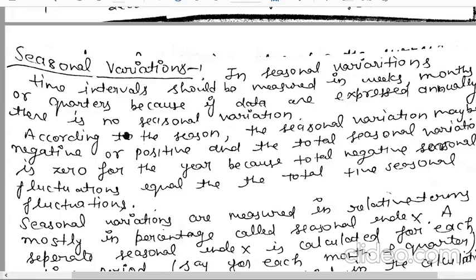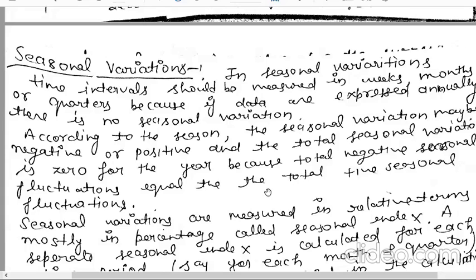Now, according to the season, the seasonal variation may be negative or positive, right? The total seasonal variation is 0 for the year, because the total negative seasonal fluctuations equal the total positive seasonal fluctuations.